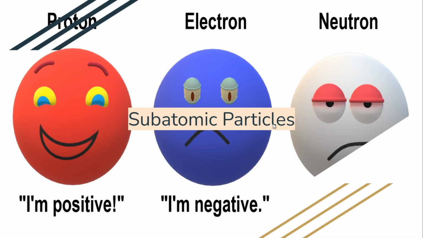Now, onto the subatomic particles of an atom. Protons are positively charged, electrons are negatively charged, neutrons are neutral. All of these subatomic particles are so small that it's not even possible to measure their masses and charges using conventional units such as grams or coulombs.